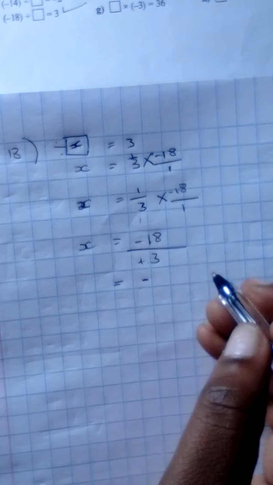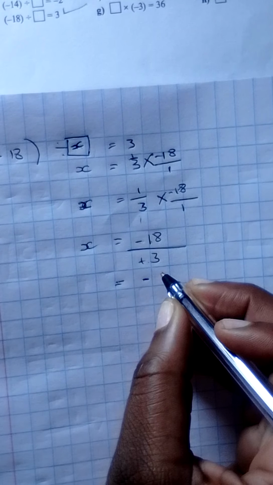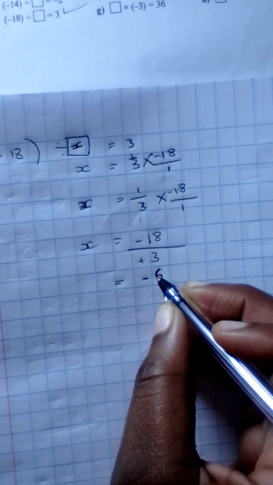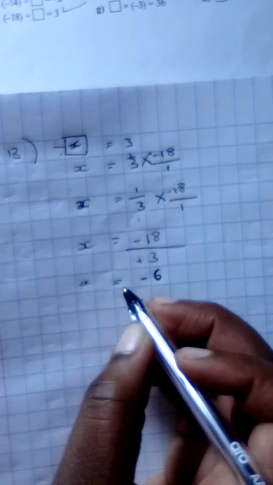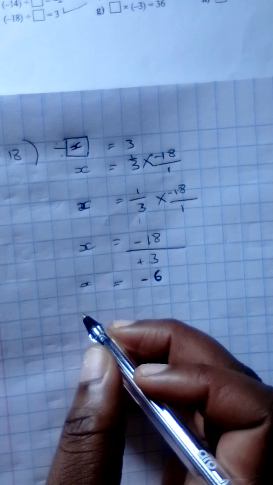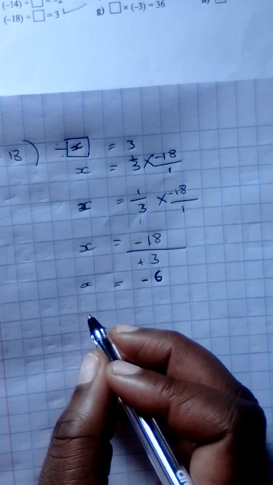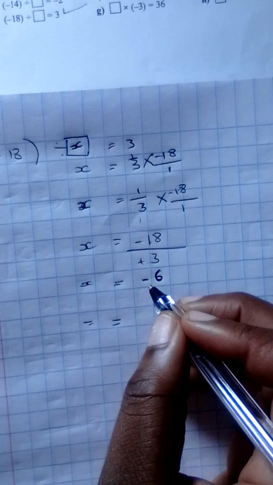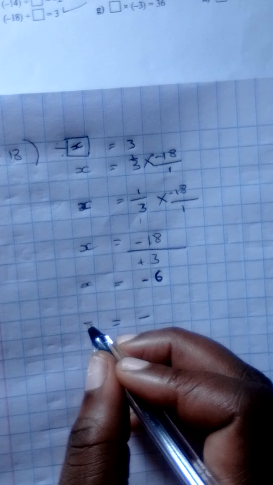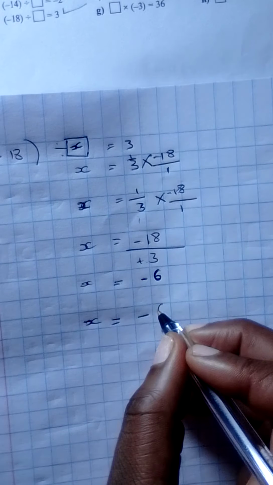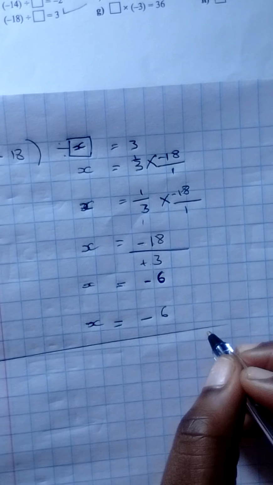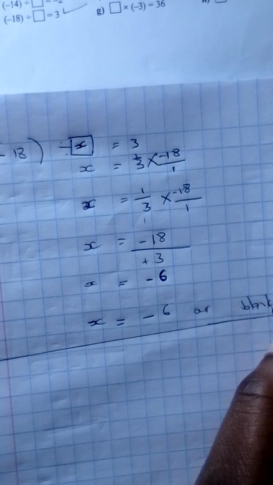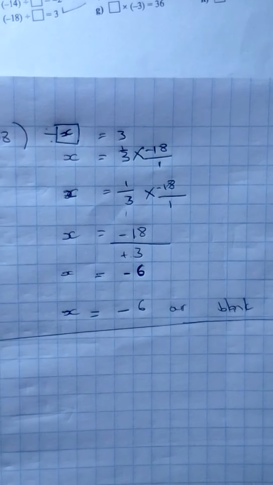Plus 3 into minus 18 is 6, right? So our x is equals to 6. Our blank is equals to 6 because remember we said the blank we're going to call it x. So our answer is equal to minus 6, which is our blank, right? Okay.